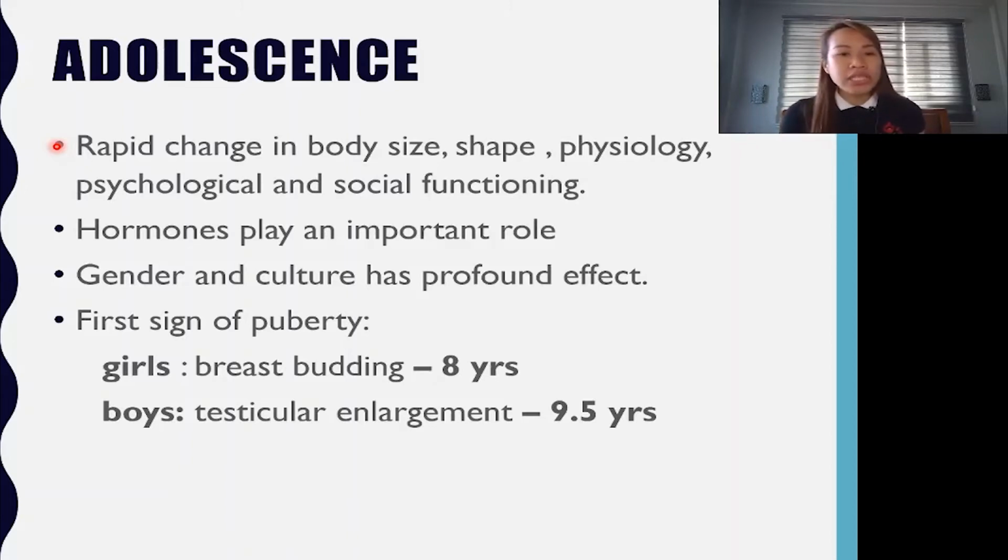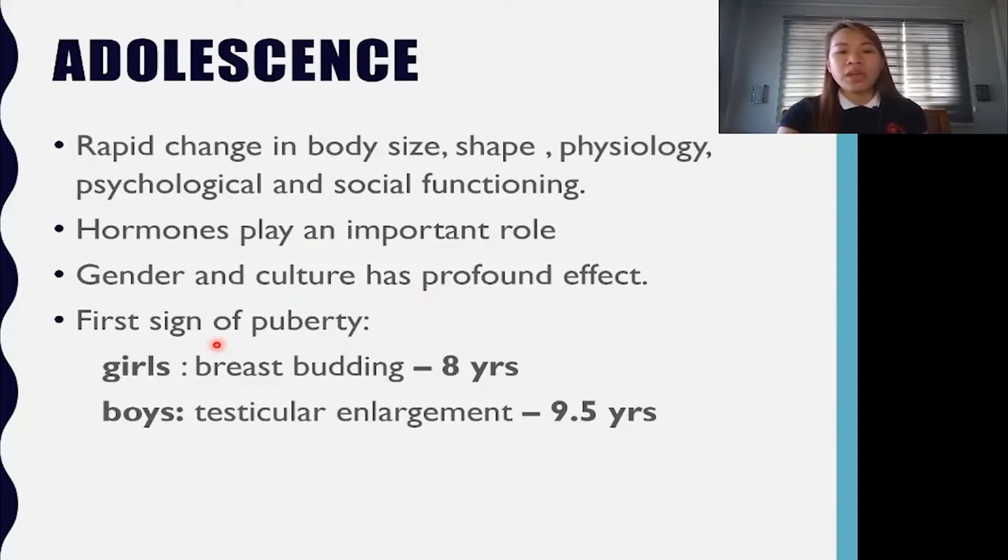So, physiology, psychological, and social functioning also, mabilis na nag-change yan. And hormones that are produced by the body naturally plays an important role. Our estrogen, progesterone, our follicle-stimulating hormone, testosterone, mga ganon. They play an important role. And gender and culture has a profound effect, really.